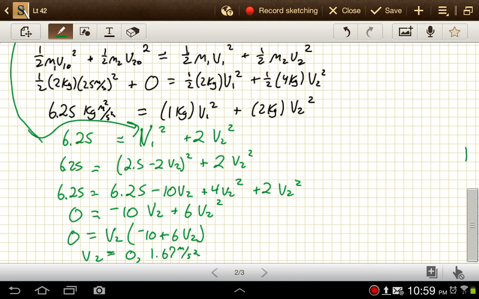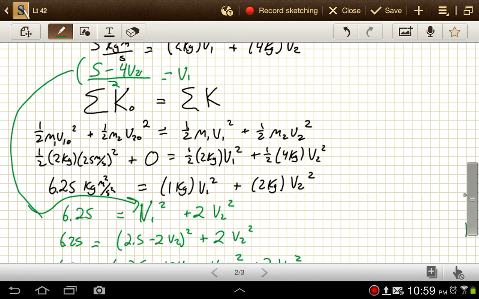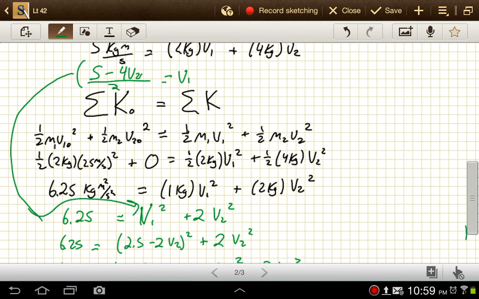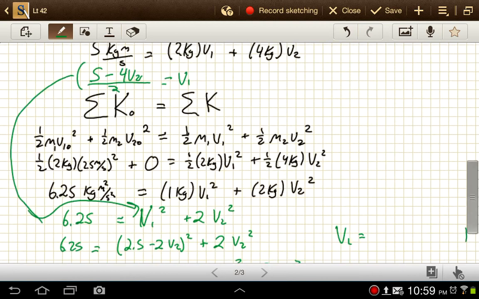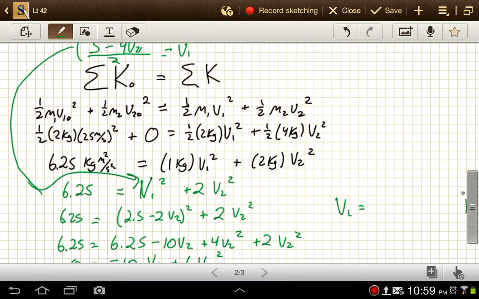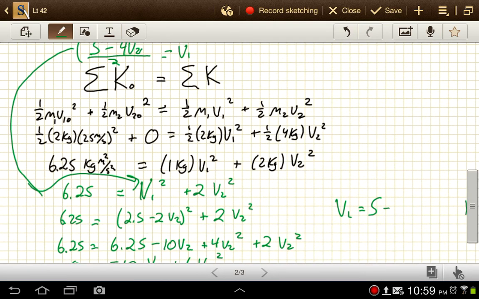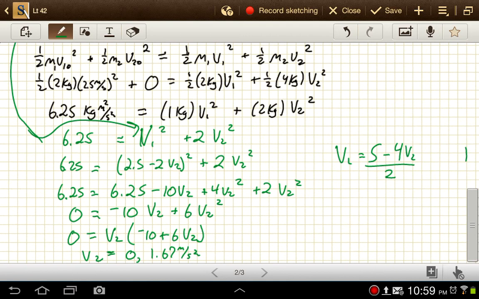And then I'm going to take that and plug it back into this equation up here. So v1 is equal to 5 minus 4v2 over 2. So v1 then could be, if we chose a value of 0, then this term drops out and we get 2.5 meters per second.